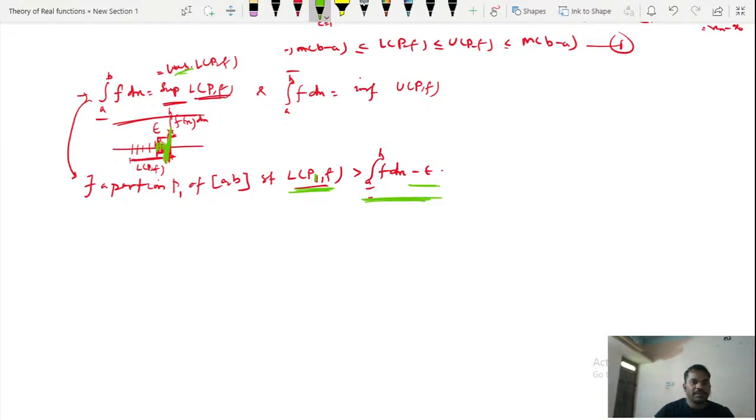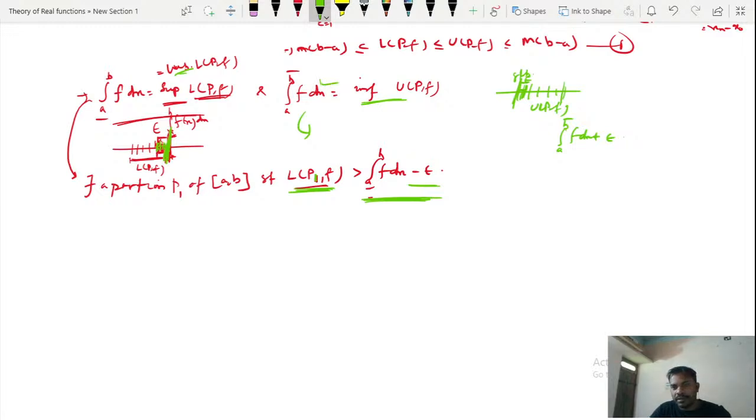Similarly, for the upper Darboux integral, suppose it lies in this thing, and its infimum is this thing. Infimum means this is your greatest lower bound. If somebody says no, if I go epsilon to the right-hand side, that will be the greatest lower bound, meaning f dx plus epsilon would be a greatest lower bound, this does not happen because the infimum is this one.